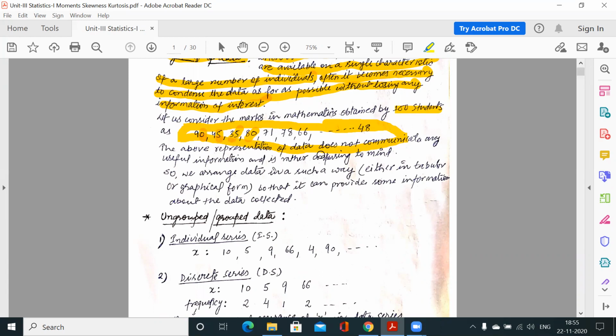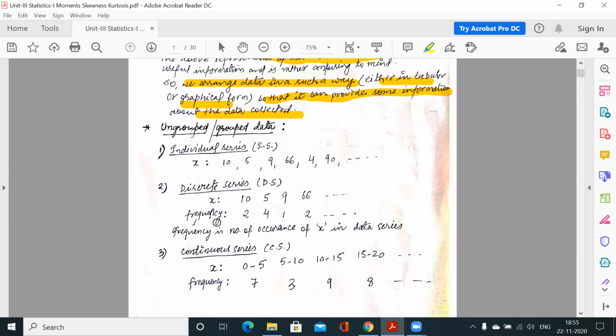The above representation of the data, because this is a raw representation, does not communicate any useful information, and is also very confusing to the mind. So we arrange the data in such a way, either in tabular form or graphical form, so that it can provide some information about the data collected. To extract the information from the data easily, we arrange that data.